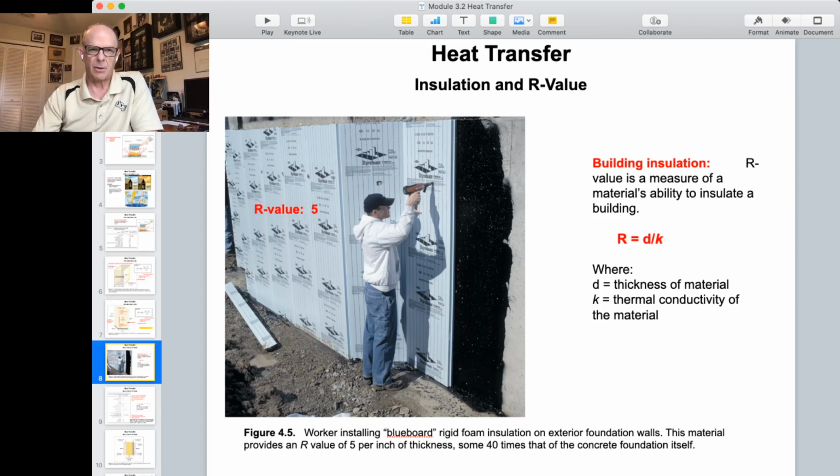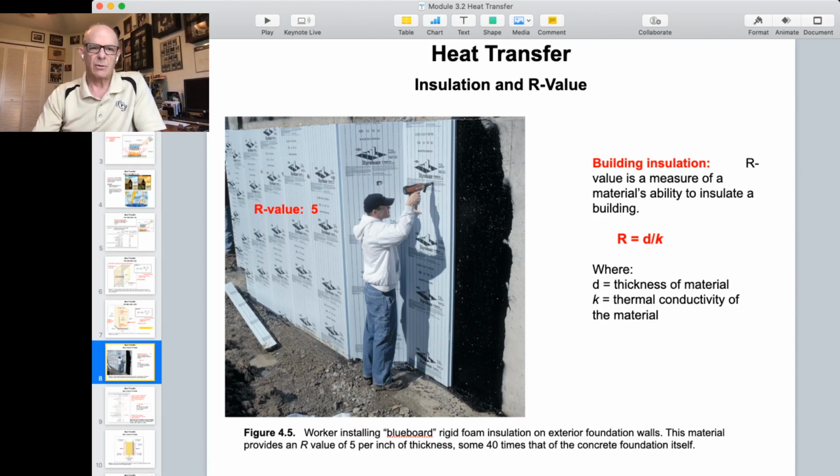Remember, a big value of K means a large amount of energy is conducted quickly. So if K is in the denominator, that means not much energy is conducted quickly, and that's what you want in an insulator. And then D is just the thickness of it. The thicker it is, the longer it takes for that energy to go through. So a large R value means it's a good insulator.